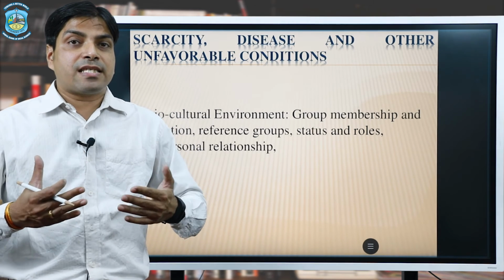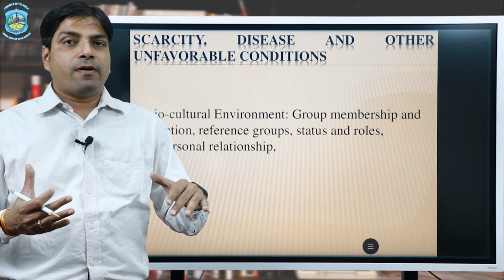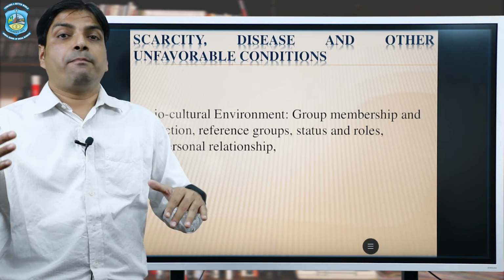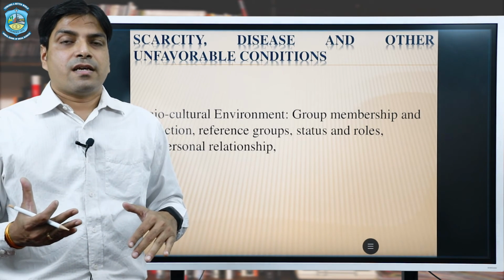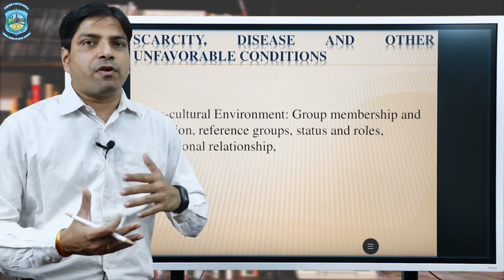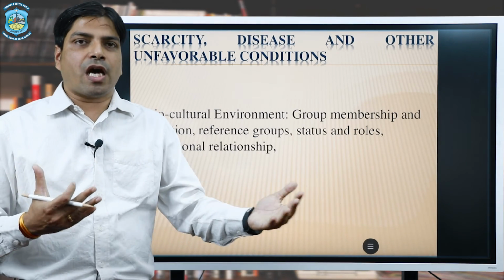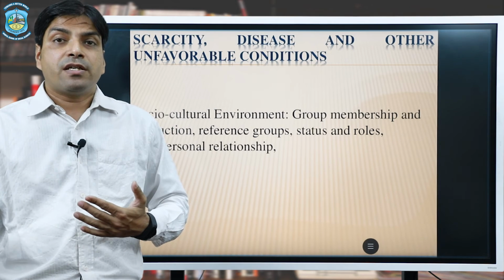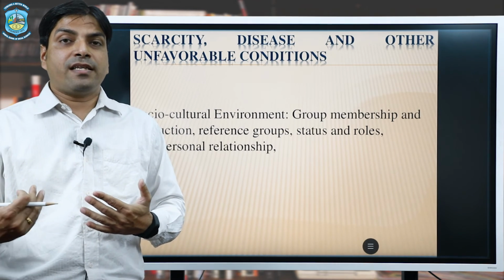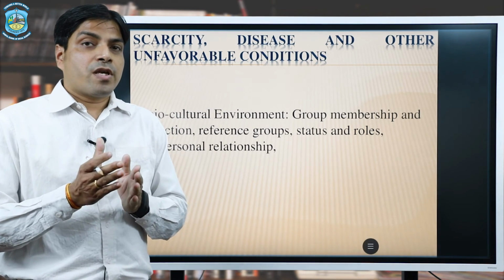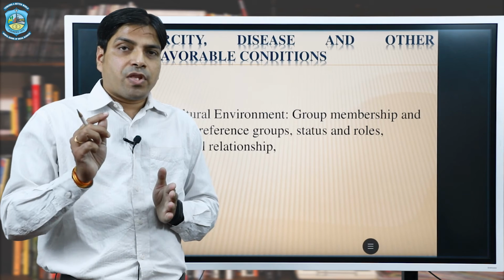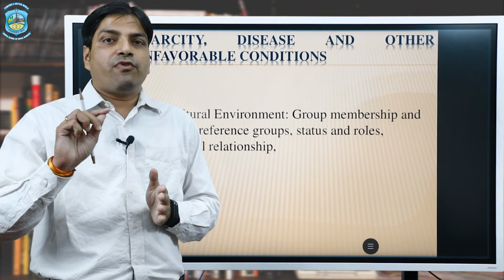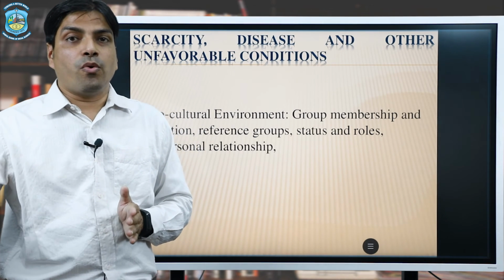The status we achieve, accordingly we change our behavior in society. When we are adolescents, our behavior is different. When we are children, our behavior is different. When we become adults, our behavior changes. And according to the change in our status, we also change our role.